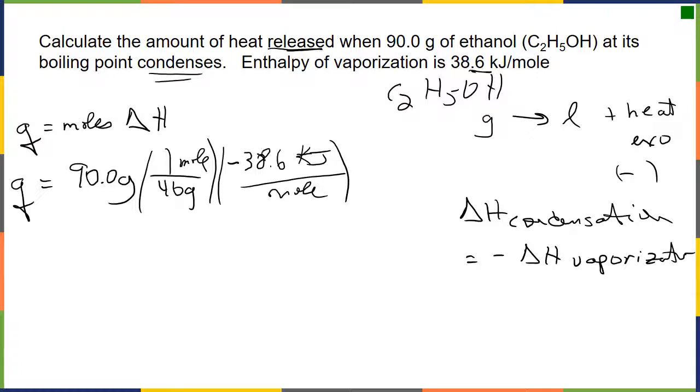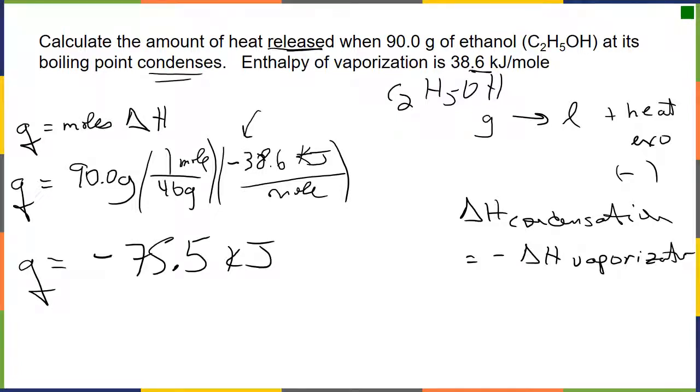And so if we put our values together here, we're going to get that our heat that is released, again the negative sign here, is going to equal minus 75.5 kilojoules. Simply taking the grams and going into moles and multiplying by the heat that is going to be released at this phase change.